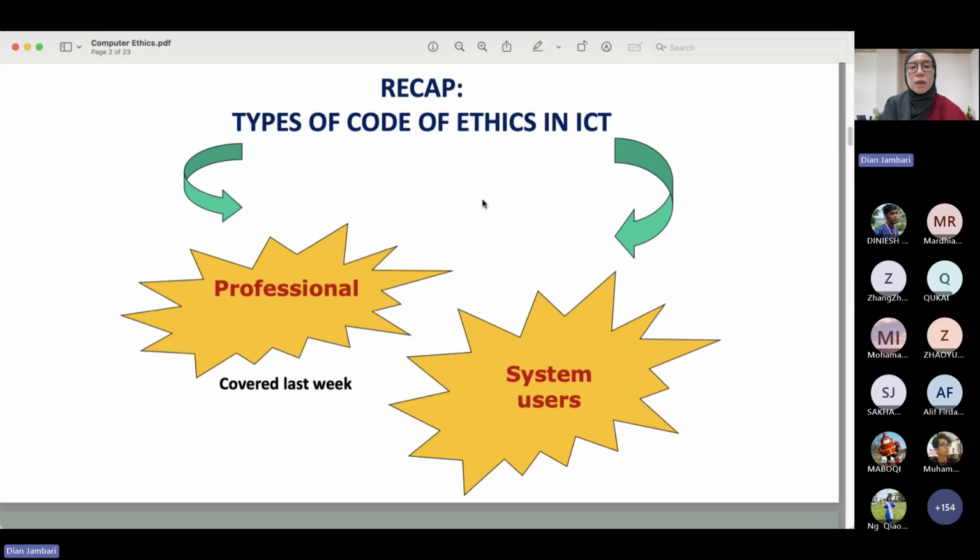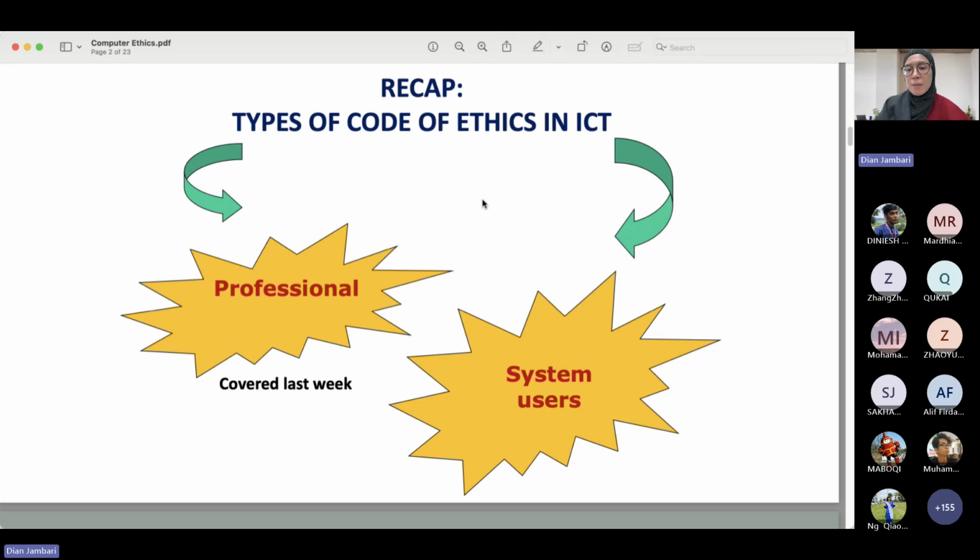All right. Also to recap what we discussed immediately from last session, last week, on the code of ethics in ICT. The code of ethics can be established from the perspective of all of us here as computing experts, from a professional perspective, or from a system user's perspective. All of us here, including yourselves as students, are in the field of computing, so we are all professionals, but at the same time we are also system users.